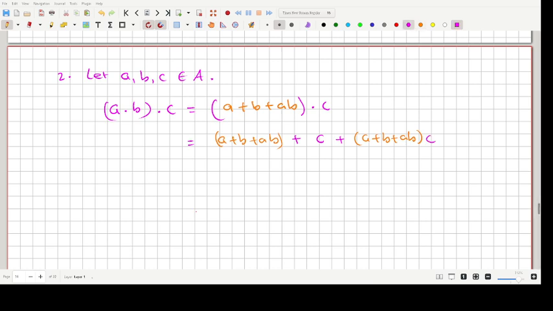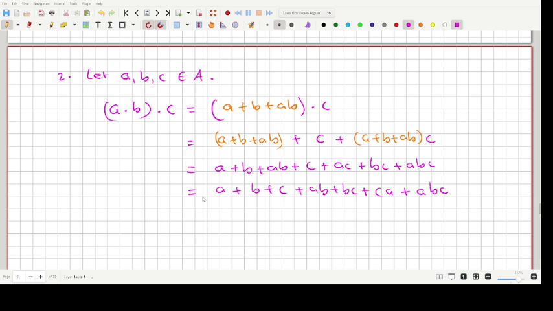So this will in turn give us a plus b plus ab plus c plus ac plus bc plus abc. And if we write this down in a better way, a plus b plus c plus ab plus bc plus ac, we can write that as ca, and that would be plus abc.